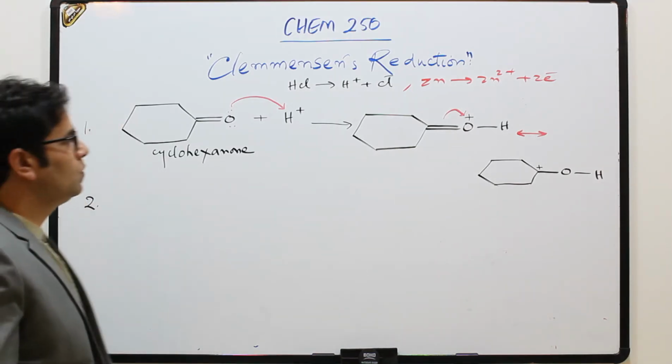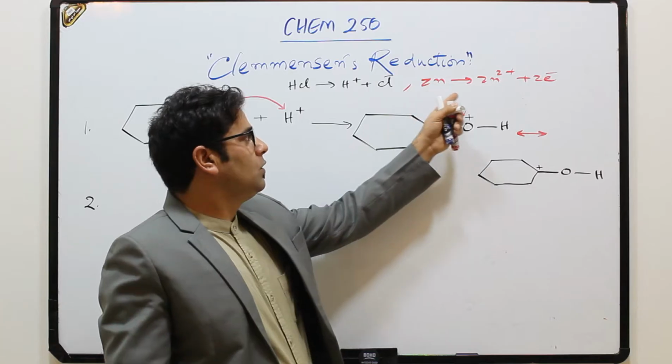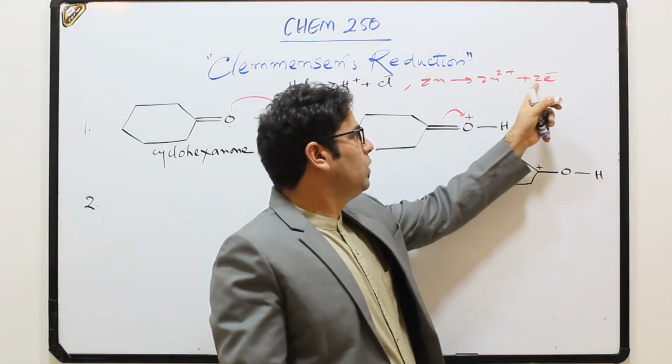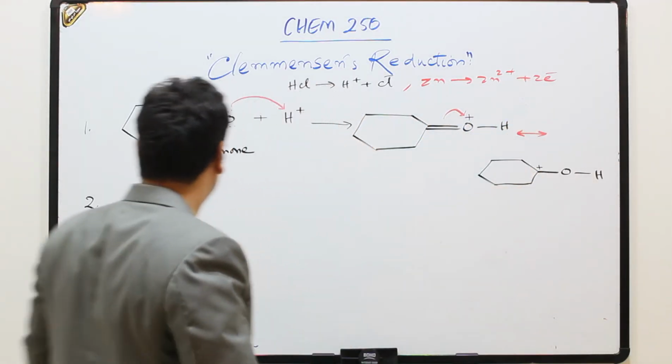In step number 2, you know what will happen here. Zinc will give zinc 2 positive plus 2 electrons. These 2 electrons will attack on this carbon.